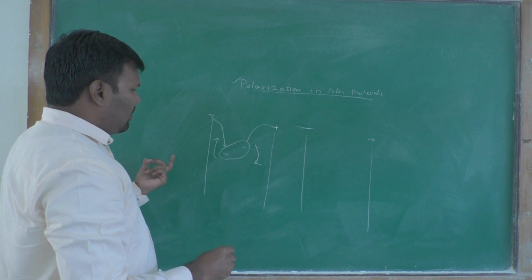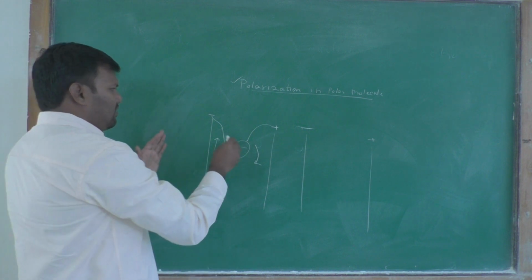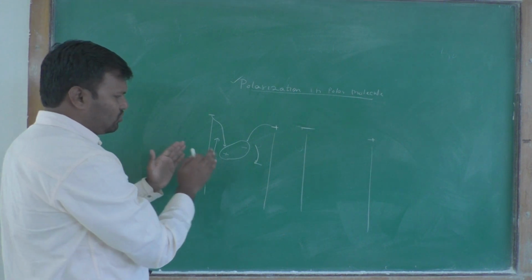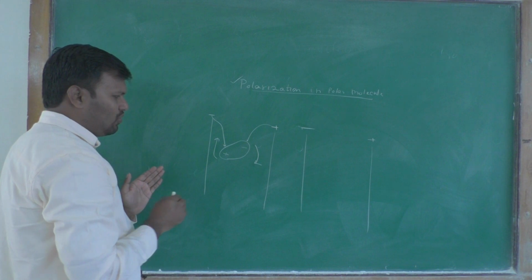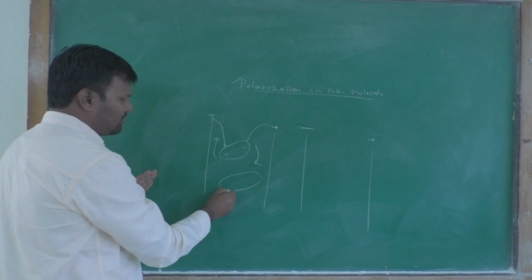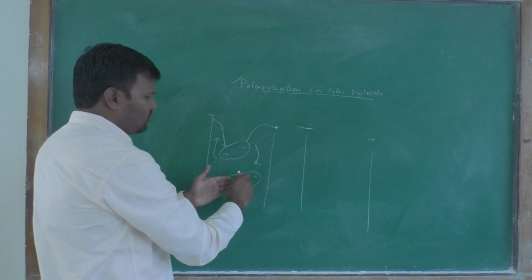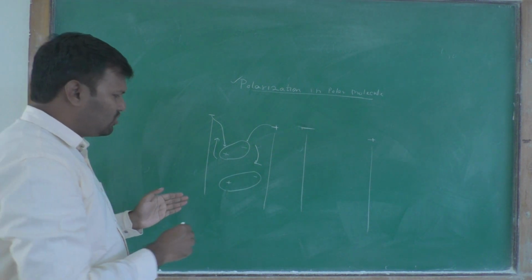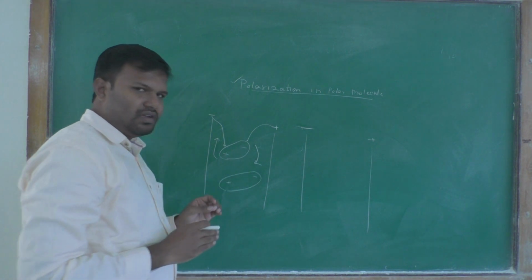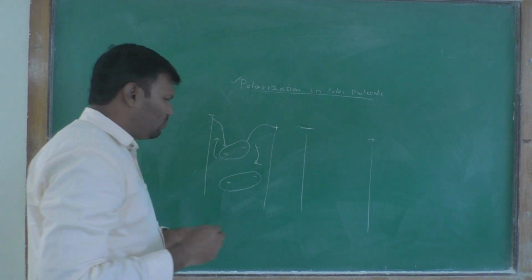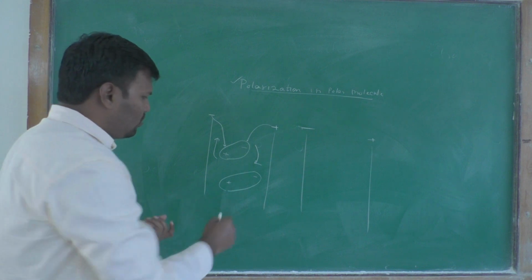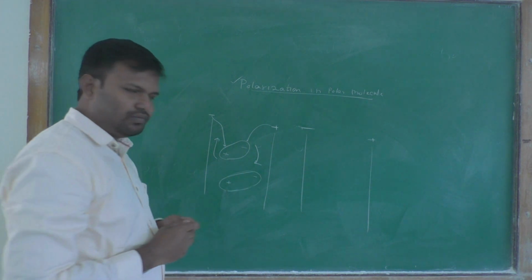The first thing the electric field produces in our polar molecule is a distortion of the charges. The positive and negative charges move maximally apart from each other. That is the first effect of imparting the electric field to your polar molecule.